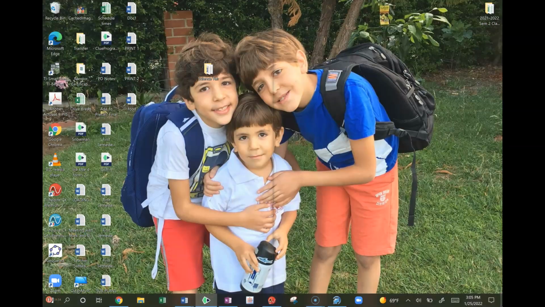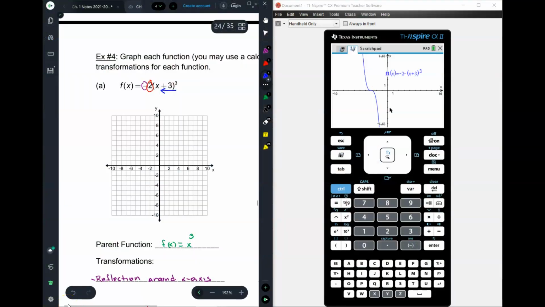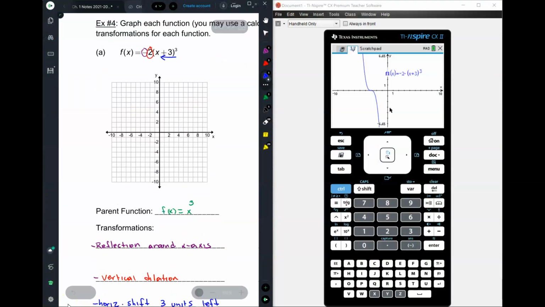Okay. So the first point you're going to put on there is that the center of this would have been at 0, 0. But now it's shifted left 3. So it's here, negative 3, comma 0.